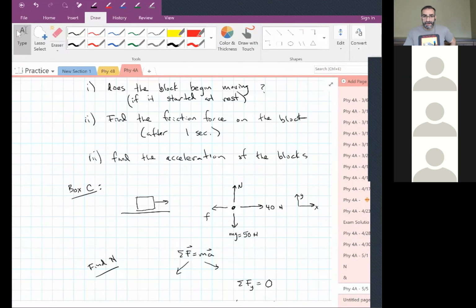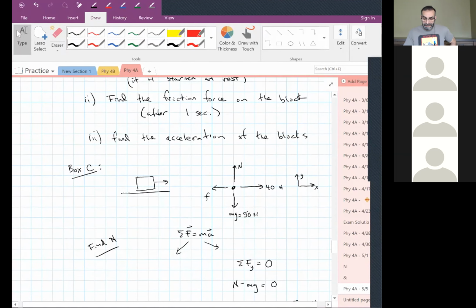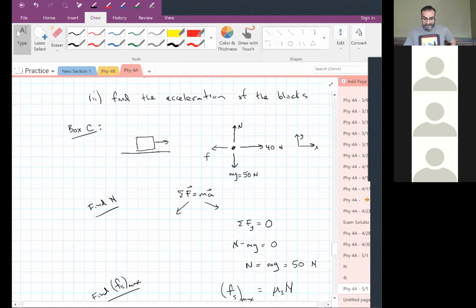Draw a free body diagram. Find your normal force, because you need that to figure out friction.